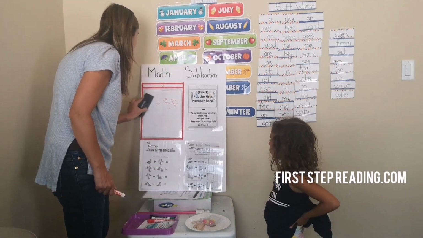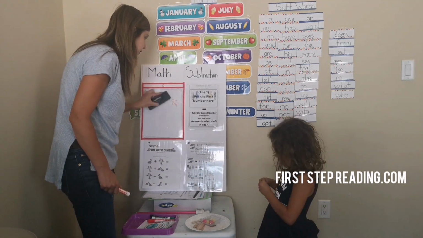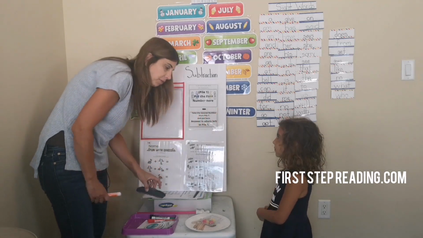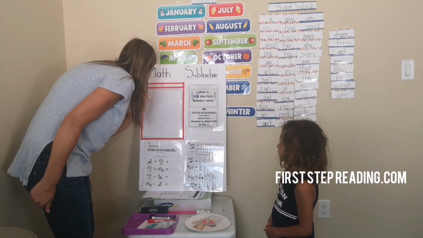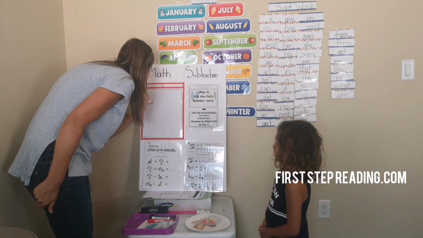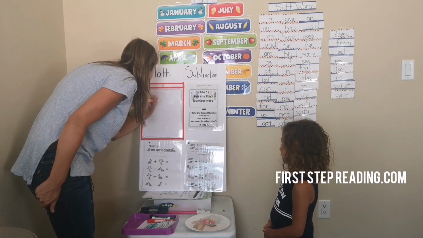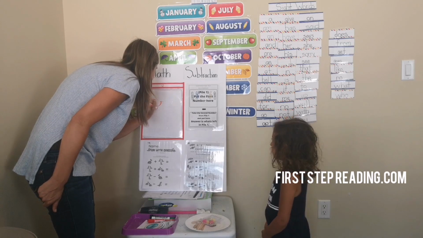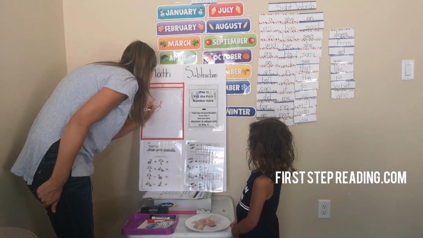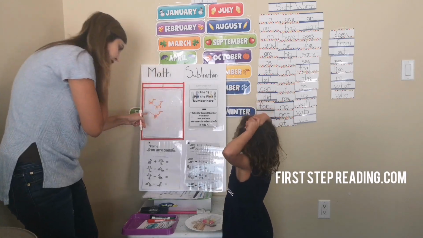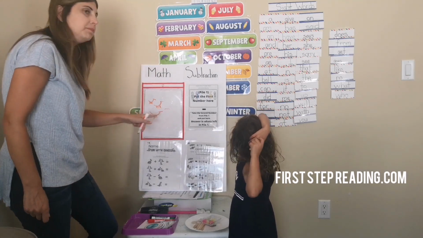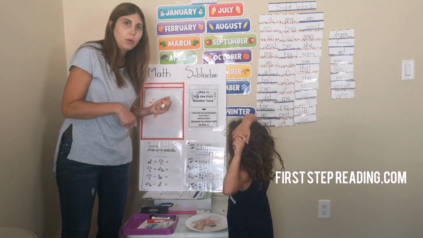So a good thing to think about with subtraction is if you have, I'll do the first one. There are 3 dinosaurs. Okay, here's our 3 dinosaurs. Okay, subtraction means taking something away.